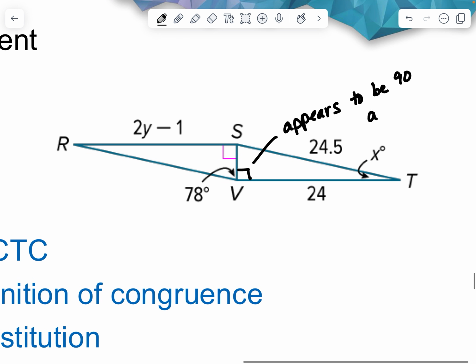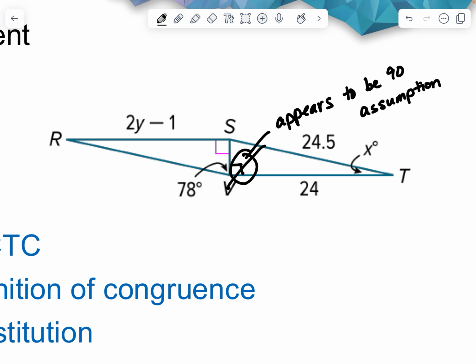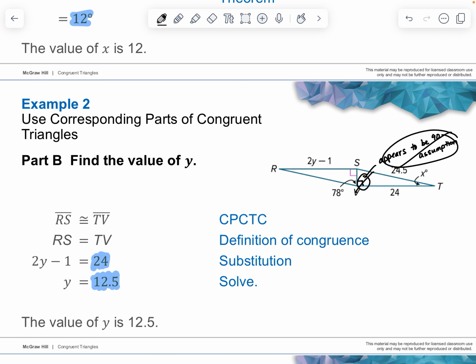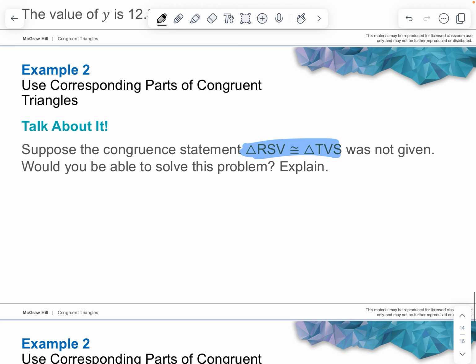That's an assumption. So we cannot assume. And so without them telling us that this is congruent, we can't assume anything about those triangles. So no.